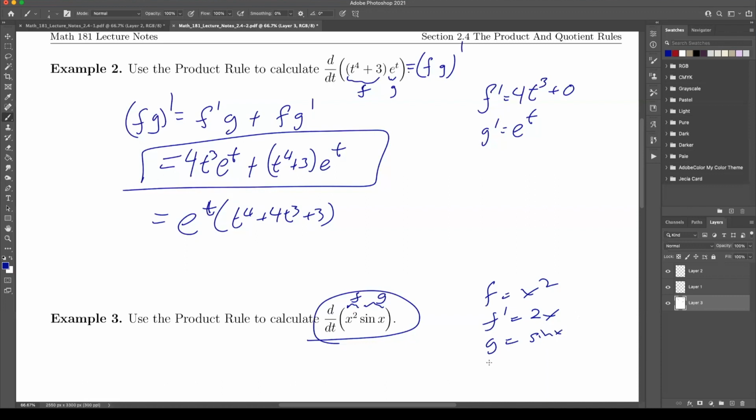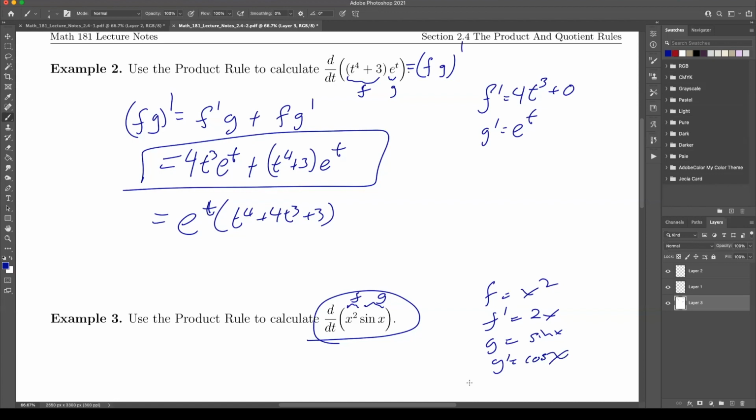Well, the derivative of sine of x is cosine x, right? And then you just put it all together. Just post the answer.